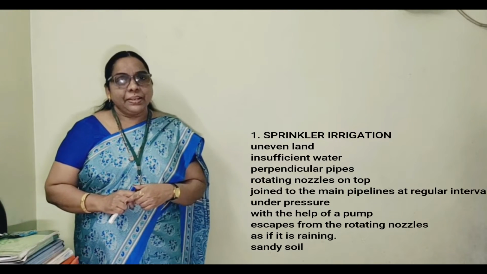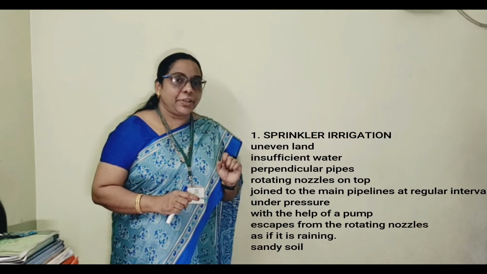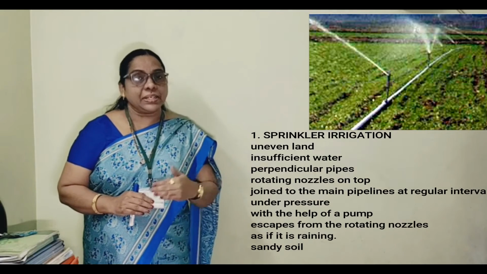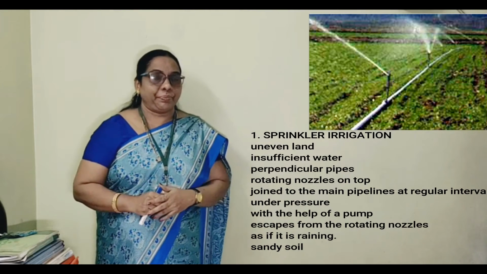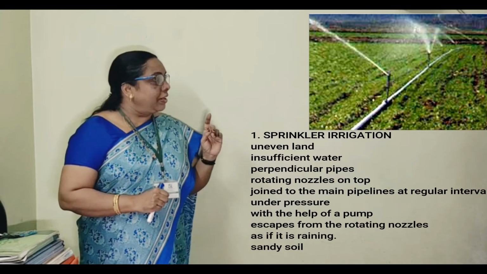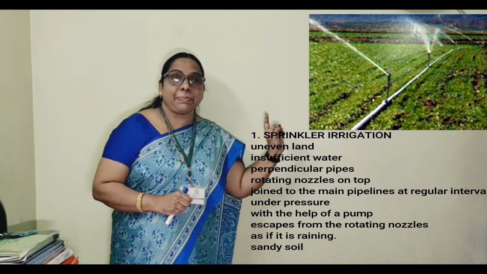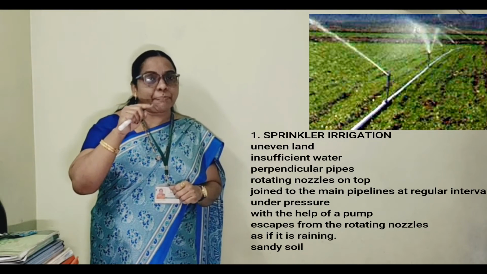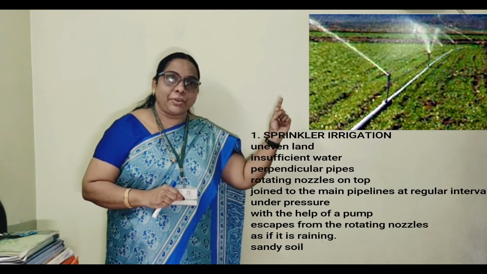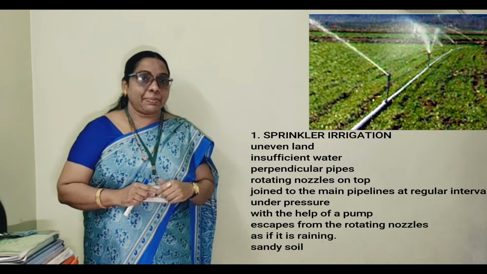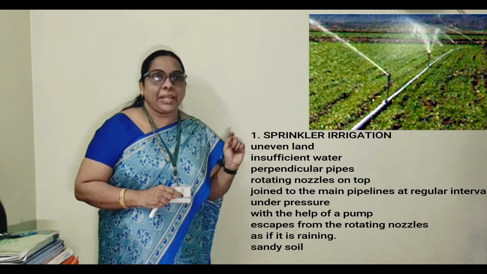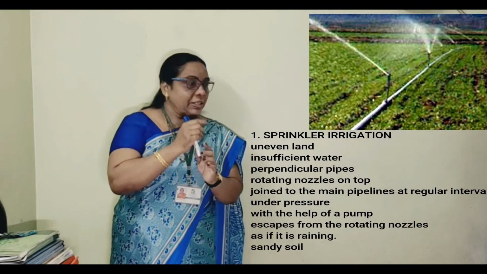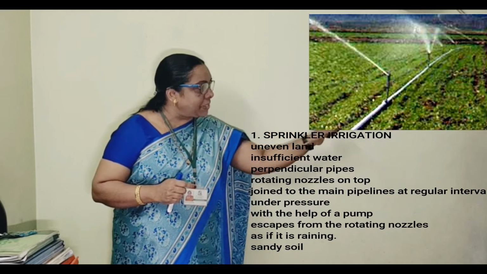If you look at this picture, you can understand how they arrange the sprinklers in the middle of the field. First, we need perpendicular pipes, and at the top of the perpendicular pipes they arrange a rotating nozzle. See, the vertical pipe is there, no?